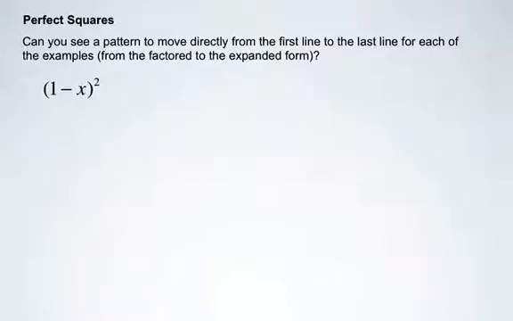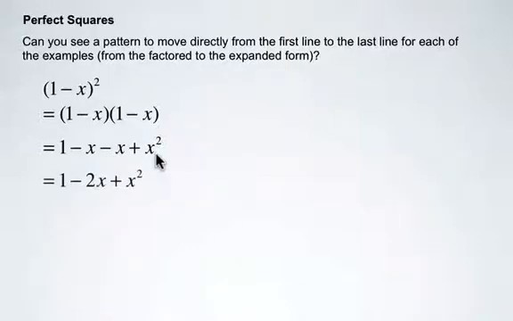Here's the factored form, 1 minus x squared. Here it is expanded: 1 minus x plus x squared. We've regrouped the like terms, and our final expanded form is 1 minus 2x plus x squared.